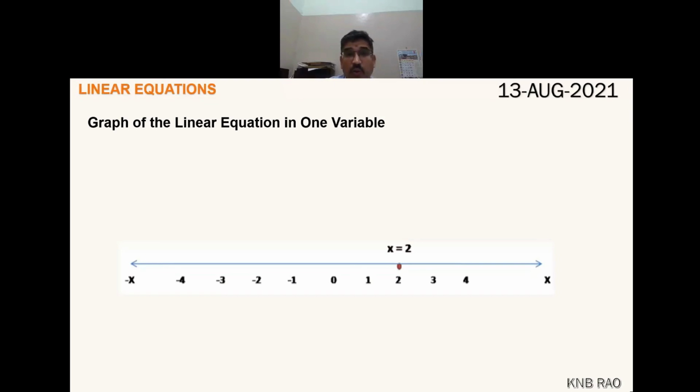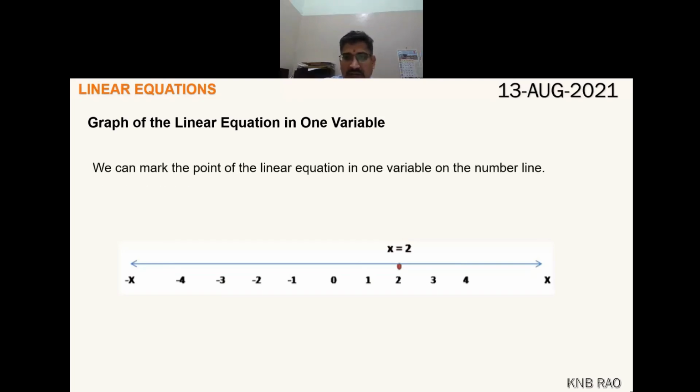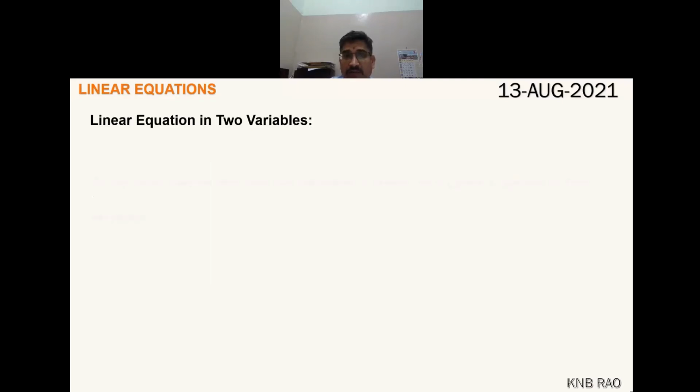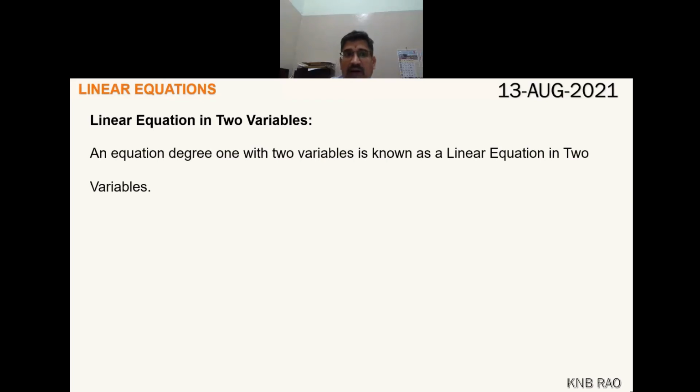Here, we mark the point of the linear equation in one variable on the number line for x equals 2. Next, moving on to the linear equation in two variables. What is a linear equation in two variables?